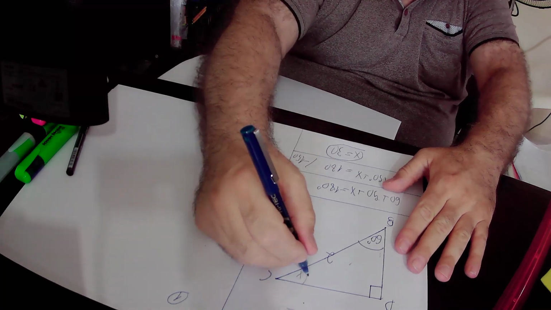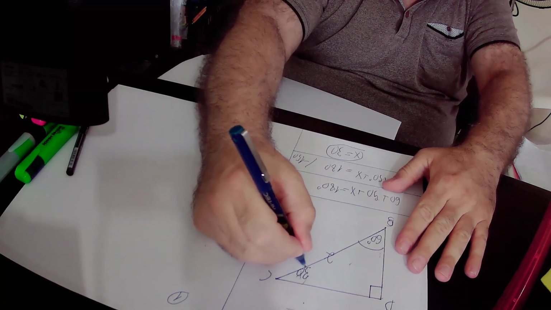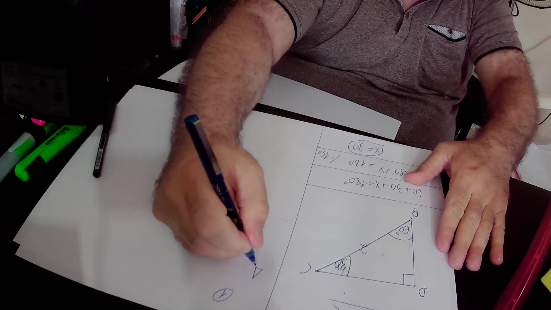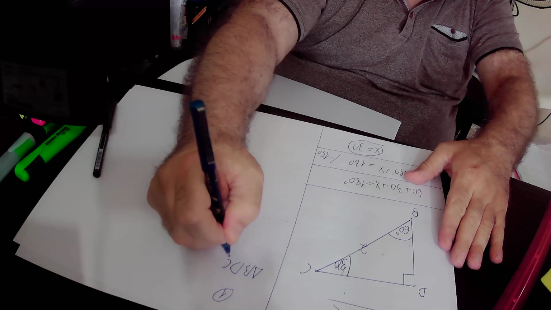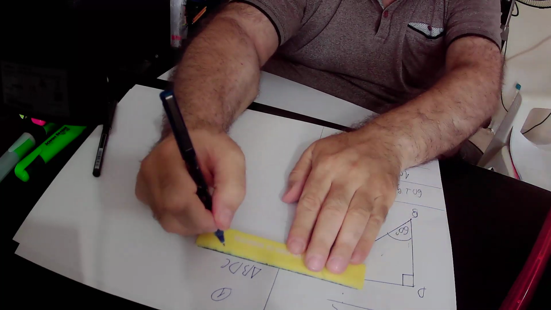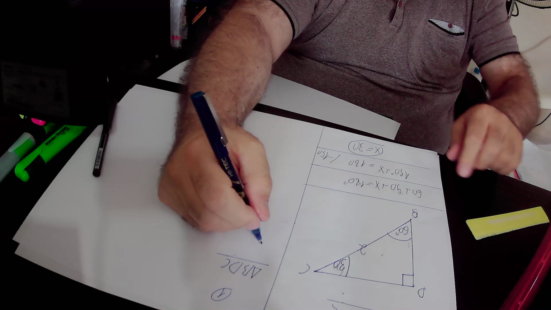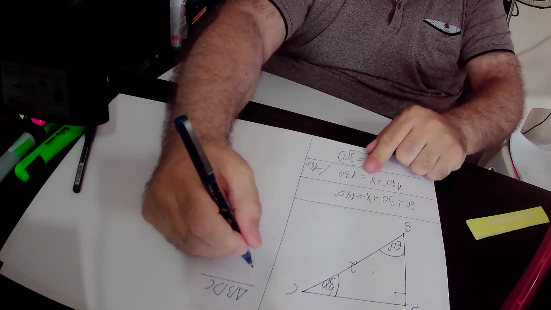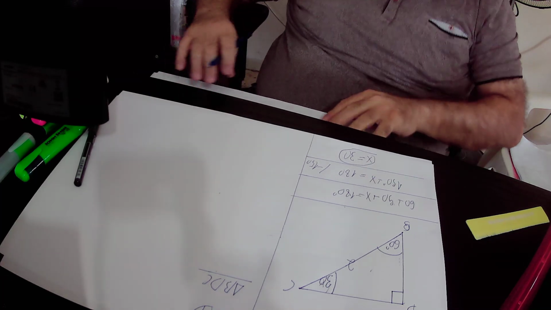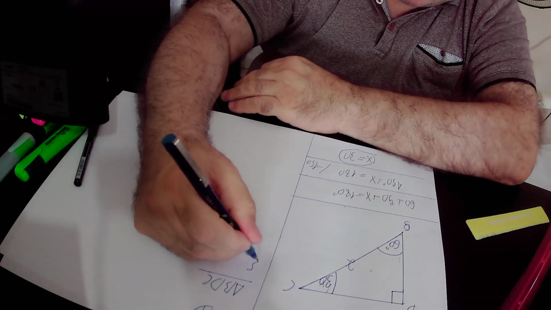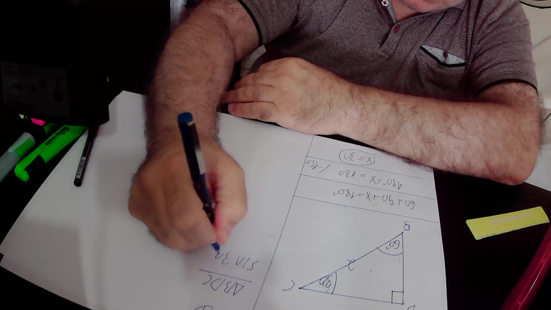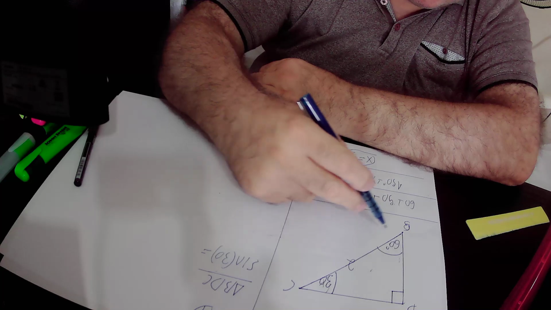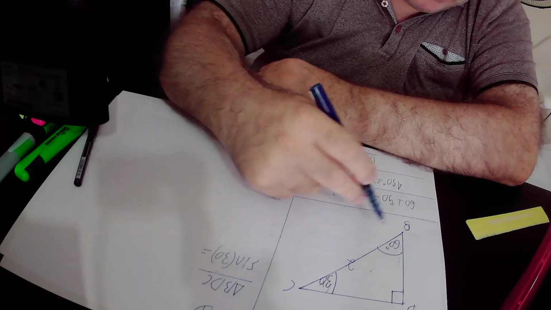We will continue to focus on the right triangle, triangle BDC. In the right triangle BDC, sine 30 degrees is equal to BD over BC.